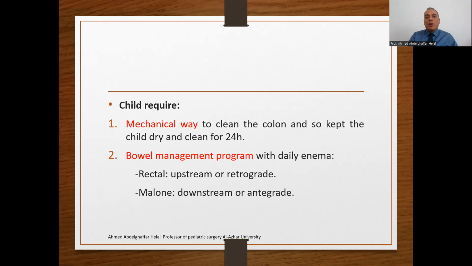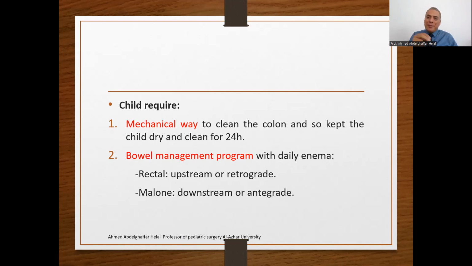This is called bowel management, an artificial or mechanical way to clean the colon, because the sphincters are affected and the muscles not developed. So if there is stool present, it will pass involuntarily in the underwear with bad odor. This enema may be performed through the rectum, called from down up, or through the Malone.